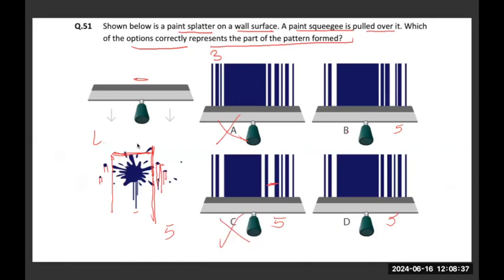Between B and D, D is uniformly located versus B where this spacing is more. Now this point is located here between these 2 parts. Here naturally the spacing is less. It's not how it's shown in B, so B is wrong and D, which is more uniformly spaced, will be chosen.